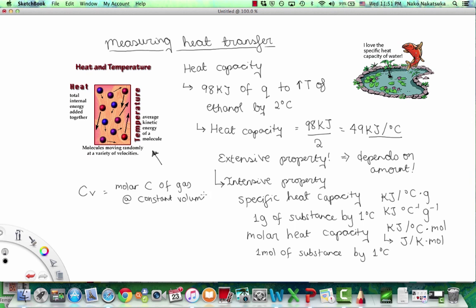So I introduced this a little before, but when you see this little v after the term, it means it's at a constant blah blah blah. So in this case, at a constant volume. So the molar heat capacity of a gas at constant pressure, you can guess, is going to be Cp. And this is the molar heat capacity of a gas at constant pressure.